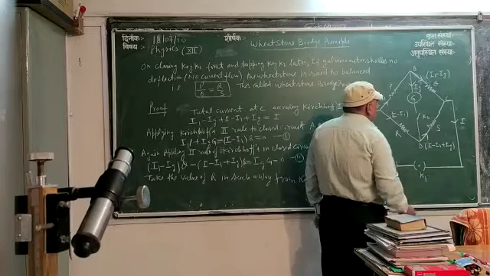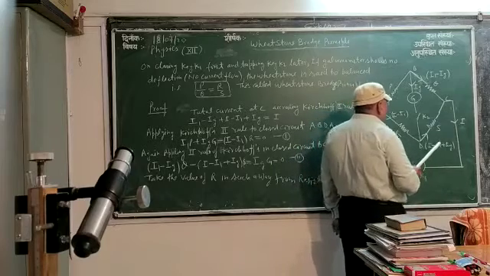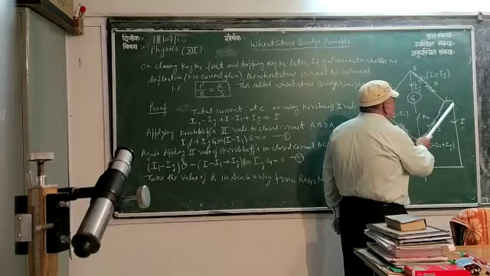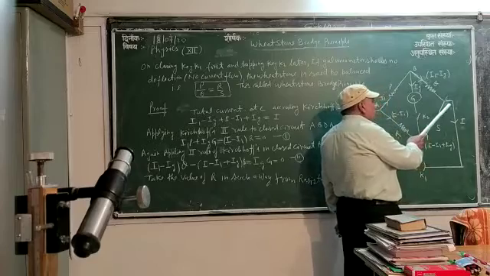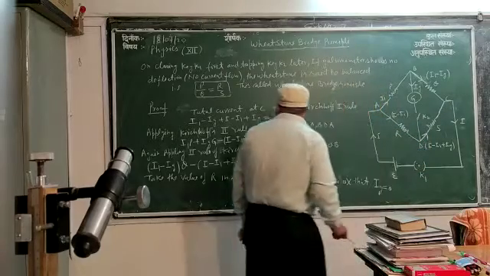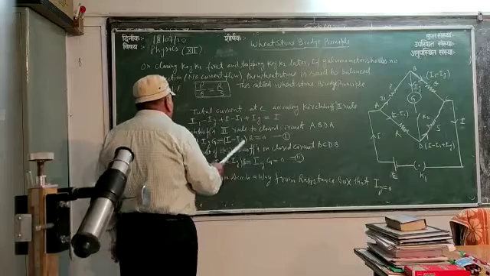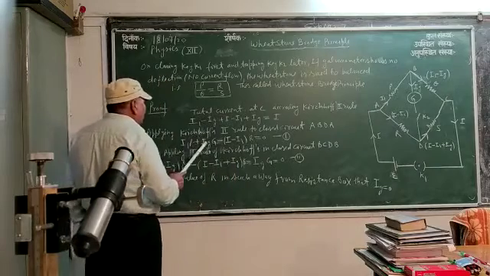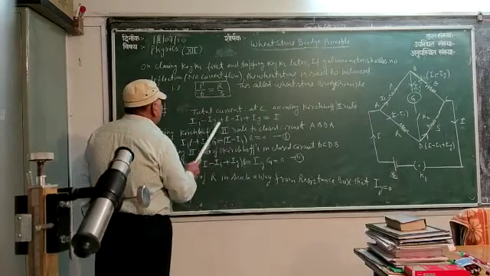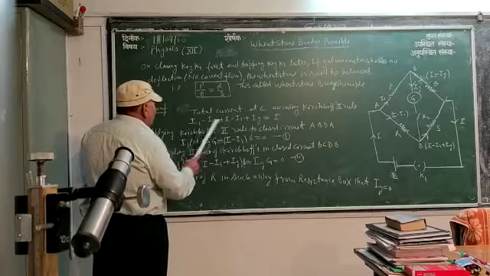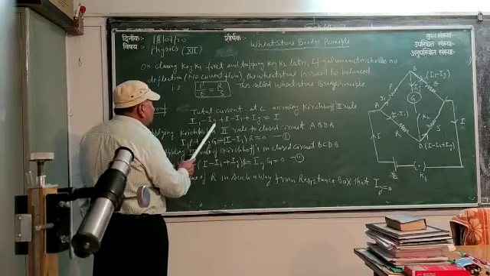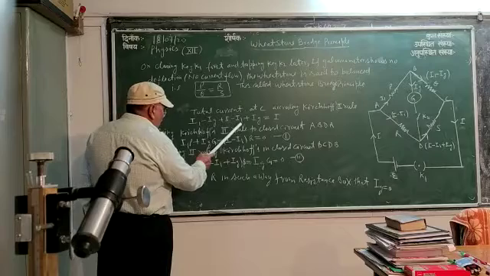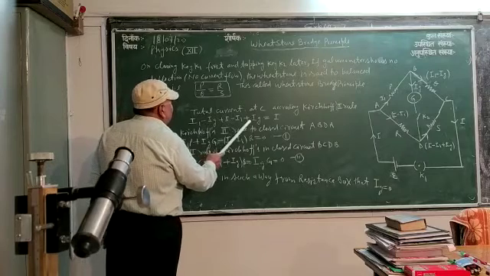Is it clear? When these currents reach point C, we can apply Kirchhoff's first rule. At C, I1 minus IG plus I minus I1 plus IG.